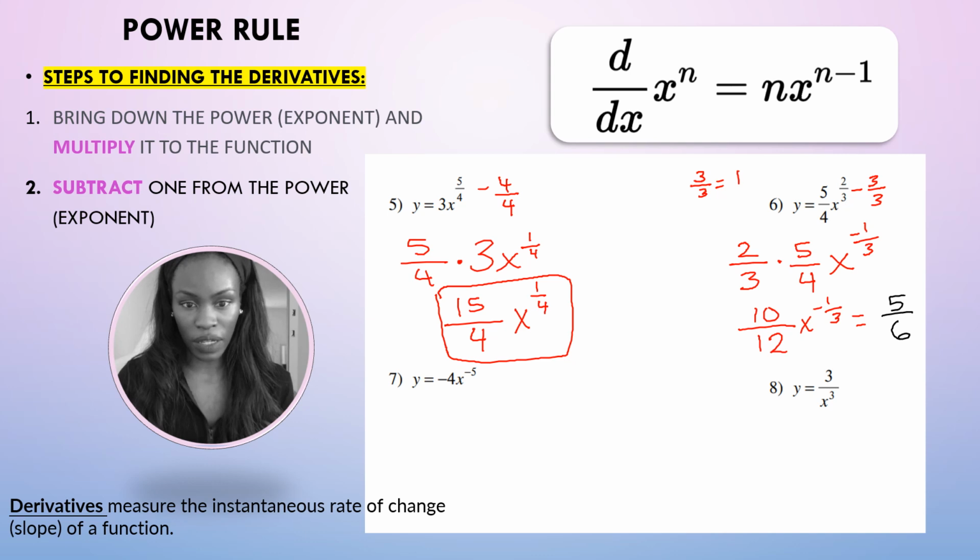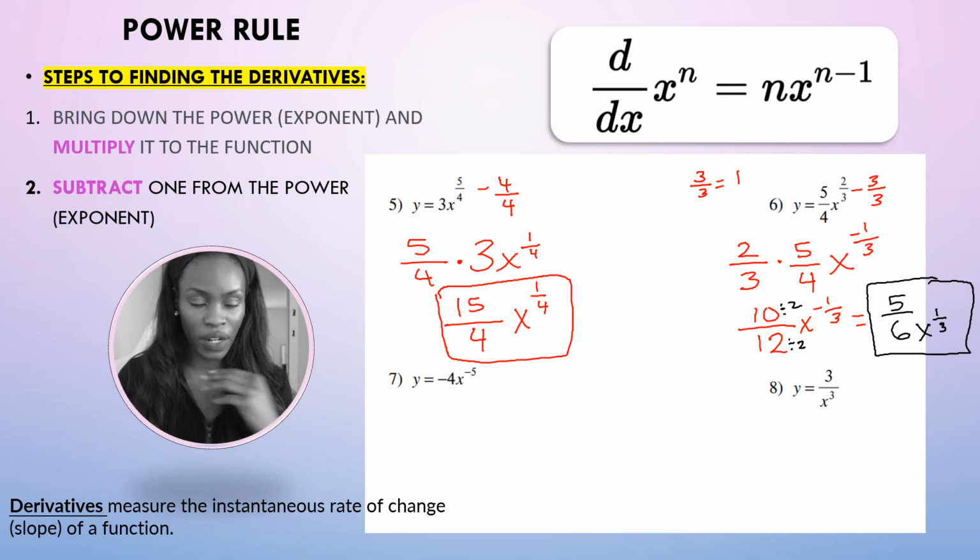Because I'm dividing this by 2. And 10 divided by 2 is 5, and 12 divided by 2 is 6. And then x to the 1/3 would be in the denominator. Okay, yeah, so this would be our answer.